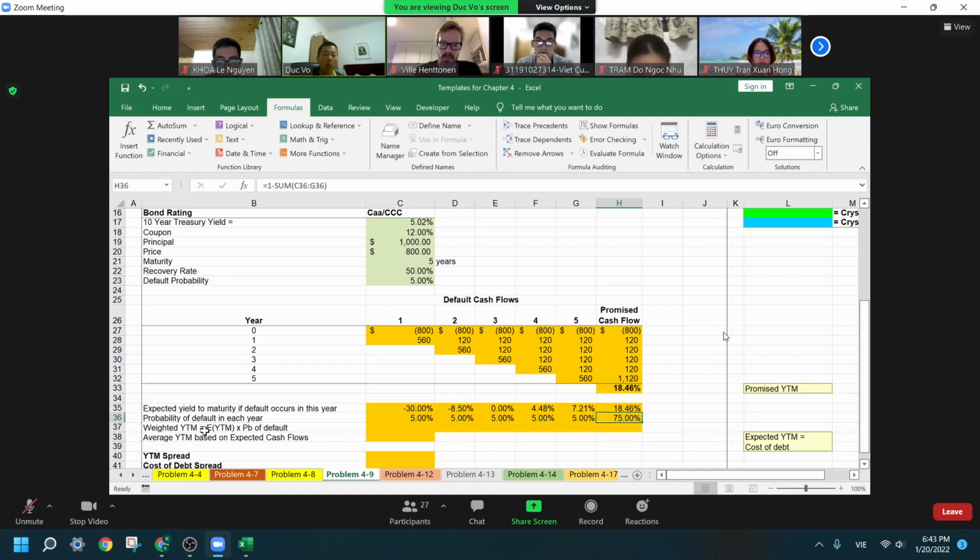So they say the weighted YTM is the expected YTM times the probability of default. If I get that one, I multiply by this one, and it provides me with the weighted YTM.